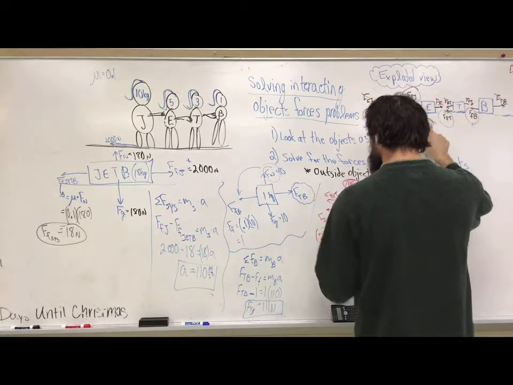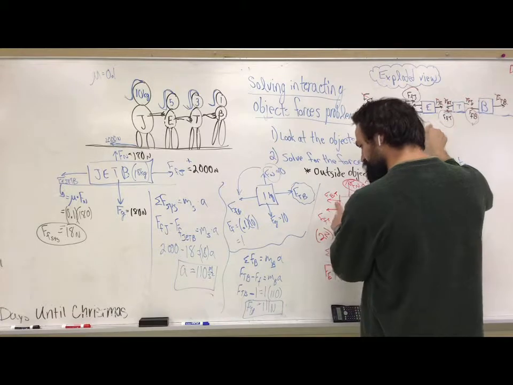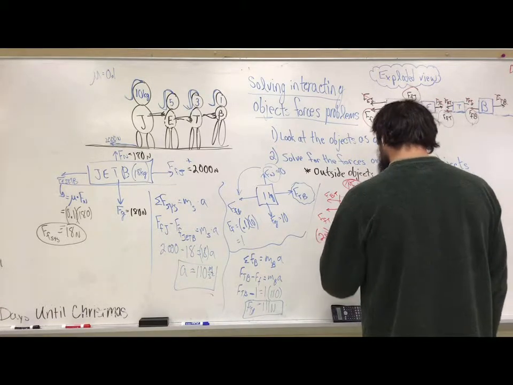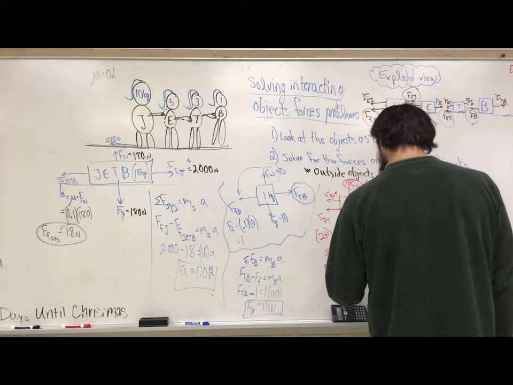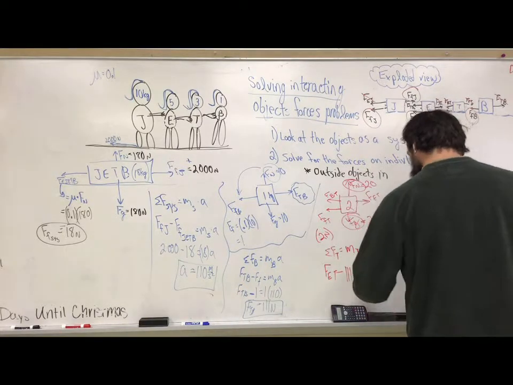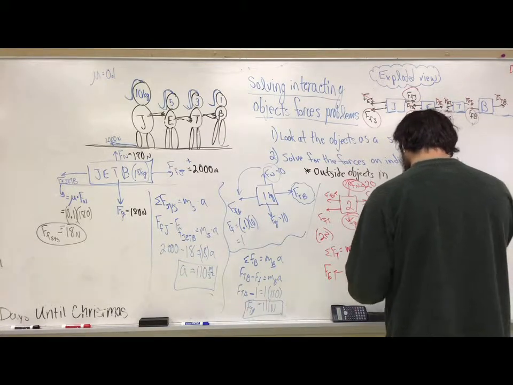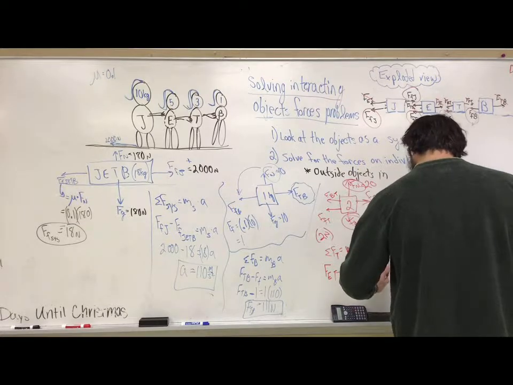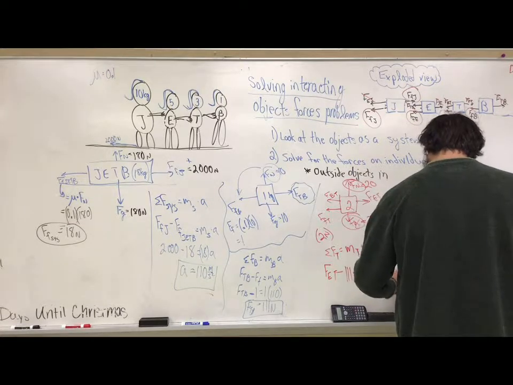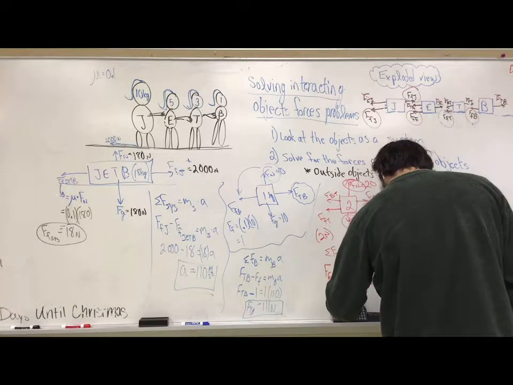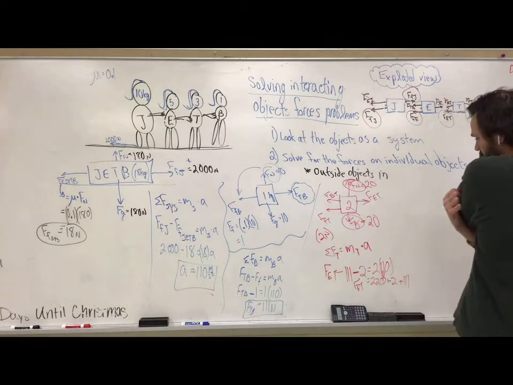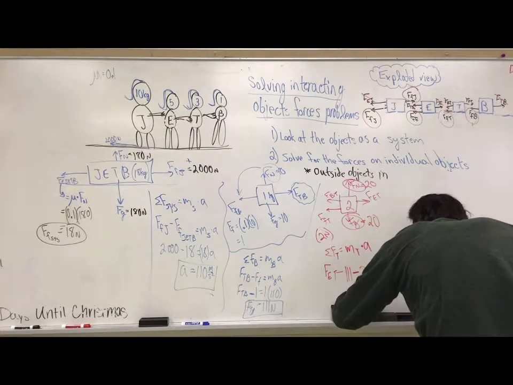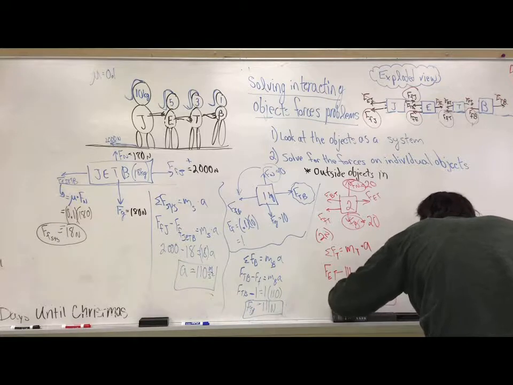I switched my capital versus lowercase, but we know that should be 111 newtons minus the force of friction, which is 2, and that's equal to 2 times the acceleration, which we already know is 110. So 220 plus 2 plus 111 equals the force of Elizabeth on Trinkle. And that should give us 333 newtons.